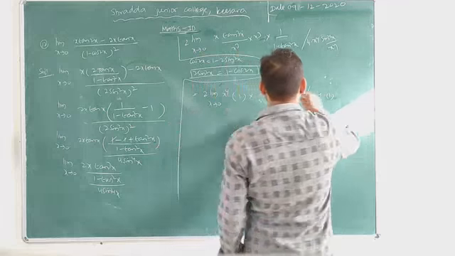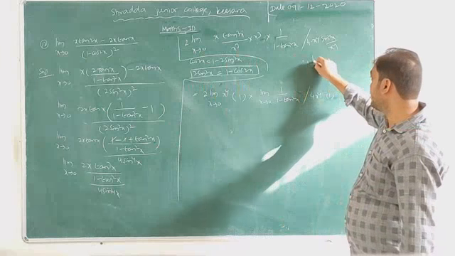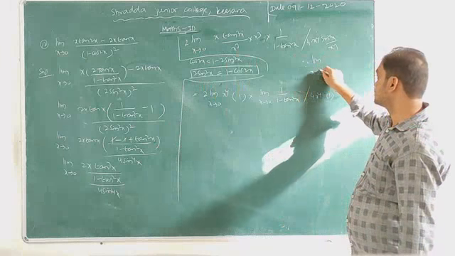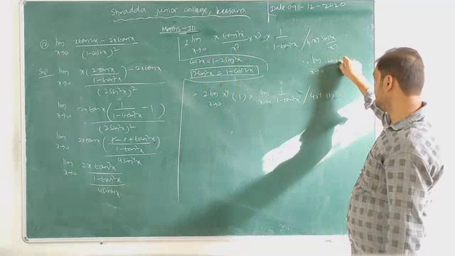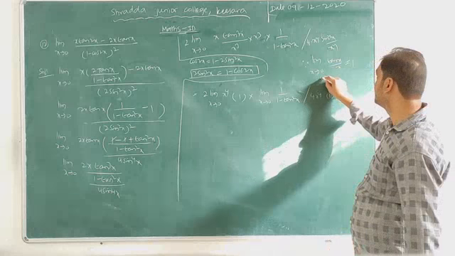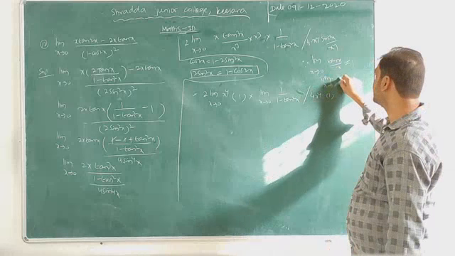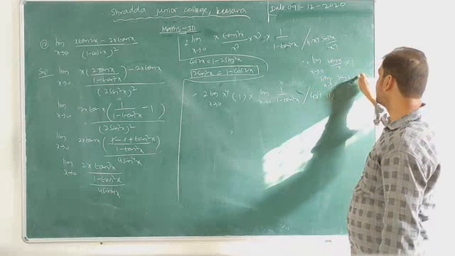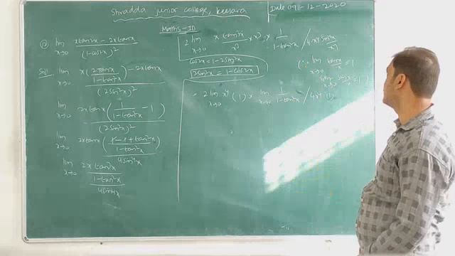Here we are applying two formulas: limit x tends to 0, tan x by x equals 1, and limit x tends to 0, sin x by x is also equal to 1.